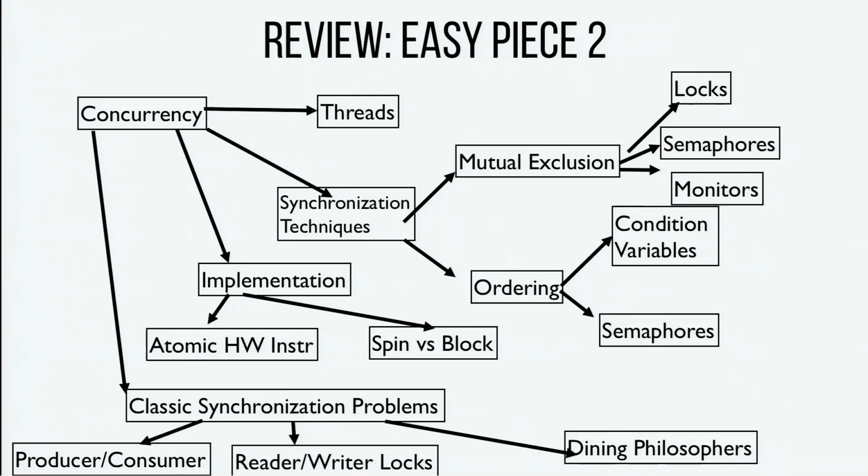And then the part that I like the most is we talked about a bunch of these classic synchronization problems, where you use semaphores and condition variables in kind of interesting ways. So there's the basic producer-consumer relationship, where producers put work into a shared queue, and we had to make sure that we had enough empty buffers for the producers.